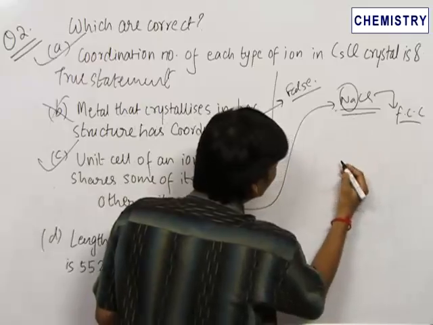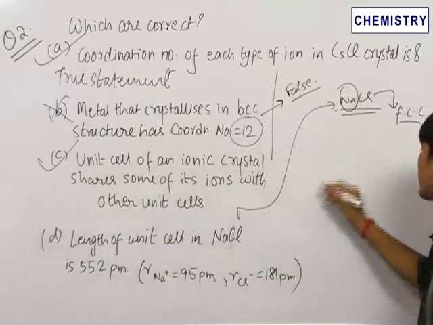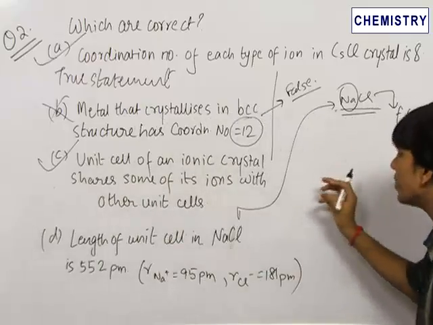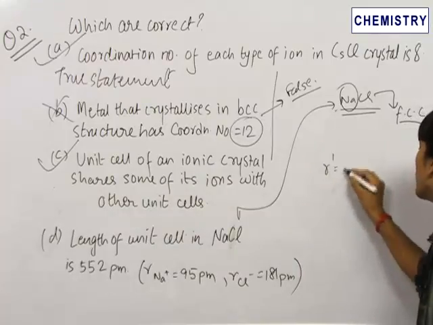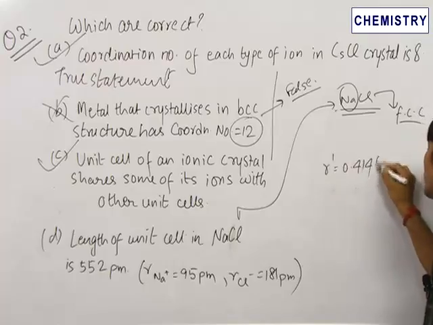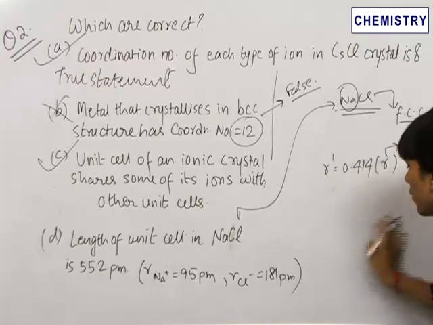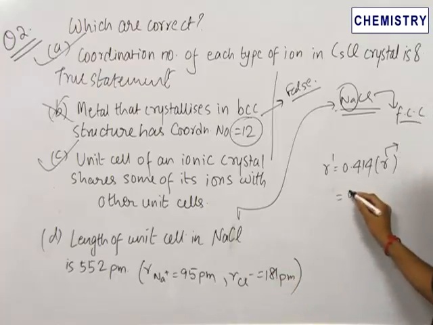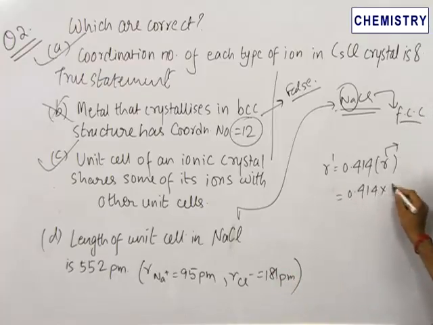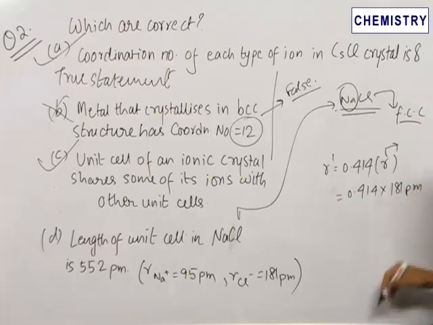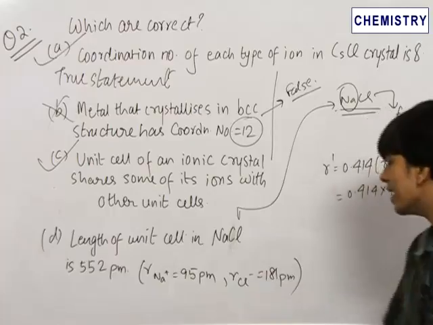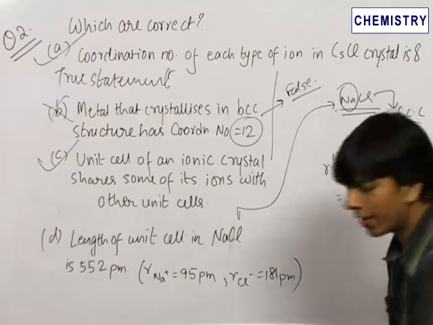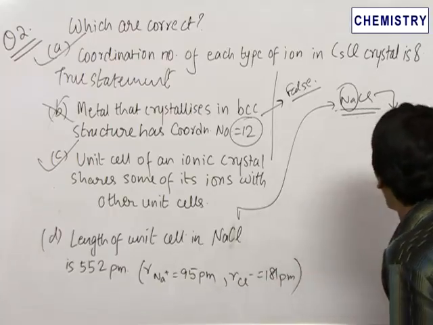Now when we consider the edge center, we know that the maximum radius of an atom which can fit in the octahedral void is r equal to 0.414 into R, where R is the radius of the atom constituting the lattice, which in this case is Cl minus ion. This is equal to 0.414 into 181 picometers. This is about 75 picometers, which is less than the radius of Na plus ion, which is 95 picometers. Therefore, they do not fit in the octahedral voids.